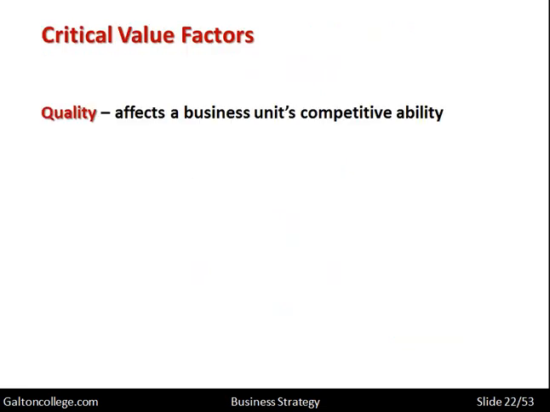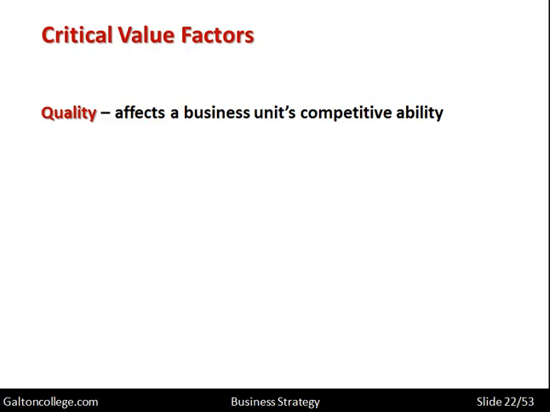Now there are critical factors. For example, quality. This affects the business unit's competitive position. And this is why there's so much emphasis on quality in these models. The trade-off model saw quality as somehow equal to dependability and speed.